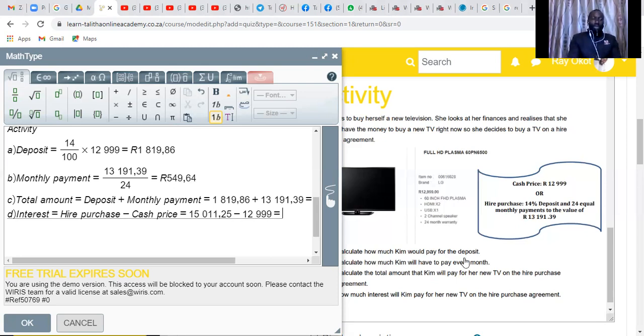We can calculate the interest. Not the interest rate, but the interest. So how much is this as interest? Well, let's check. The interest is 2,012.25.